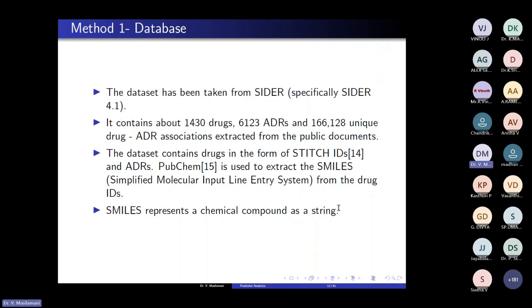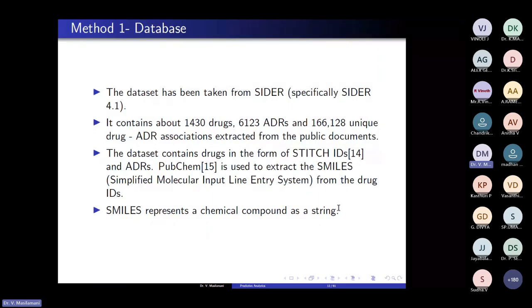The dataset contains drugs in the form of IDs called STITCH IDs and the corresponding ADRs. And we also used the PubChem dataset, and there the data are stored in the form of something known as SMILES, which stands for Simplified Molecular Input Line Entry System.